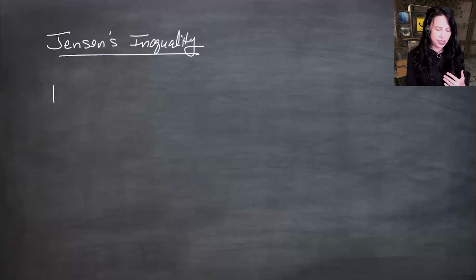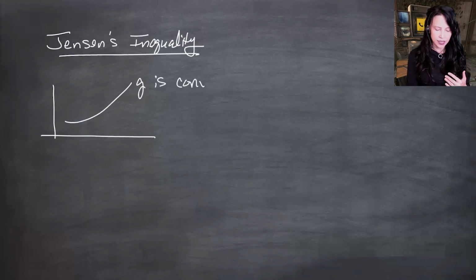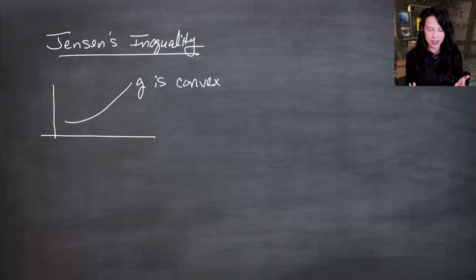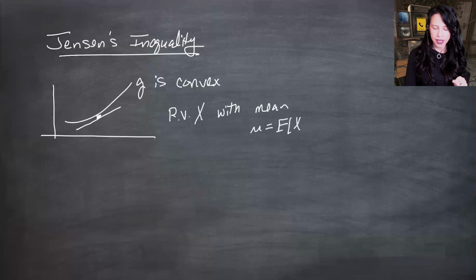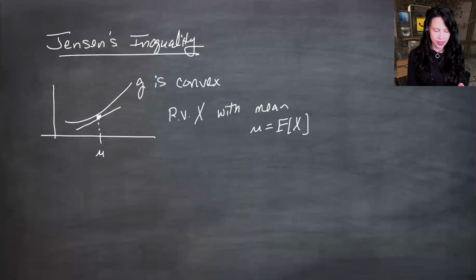So this is usually stated in terms of a convex function g. If it's convex, that means it's concave up like this. And that means that all tangent lines to the function, no matter where you put a tangent line, are going to be completely below the function. Okay, so I'm going to consider a random variable X with some mean mu. And I'm going to consider a tangent line at mu, and this would be g of mu.